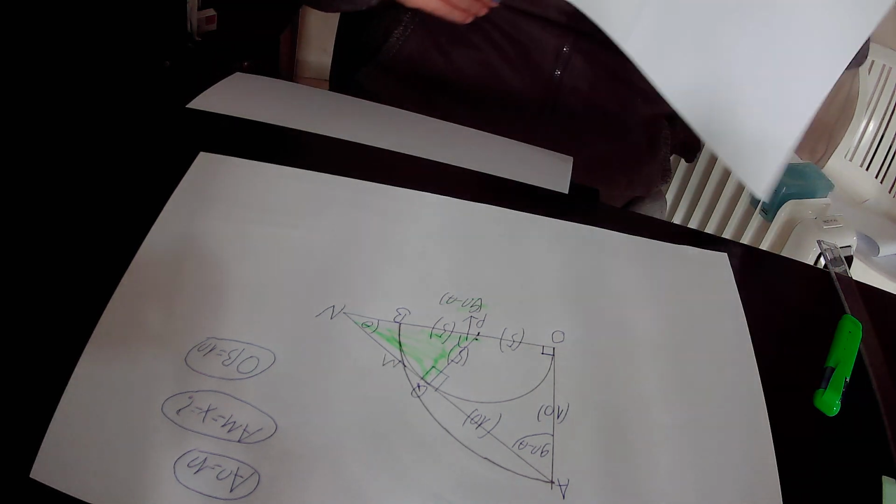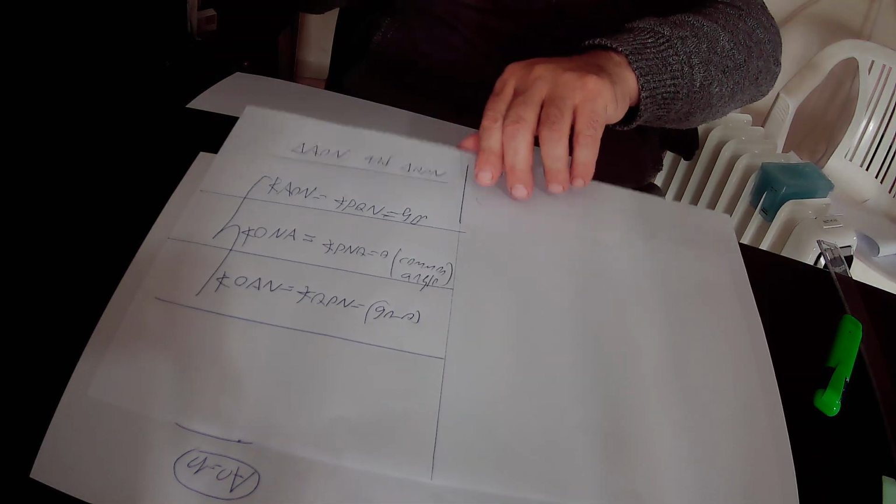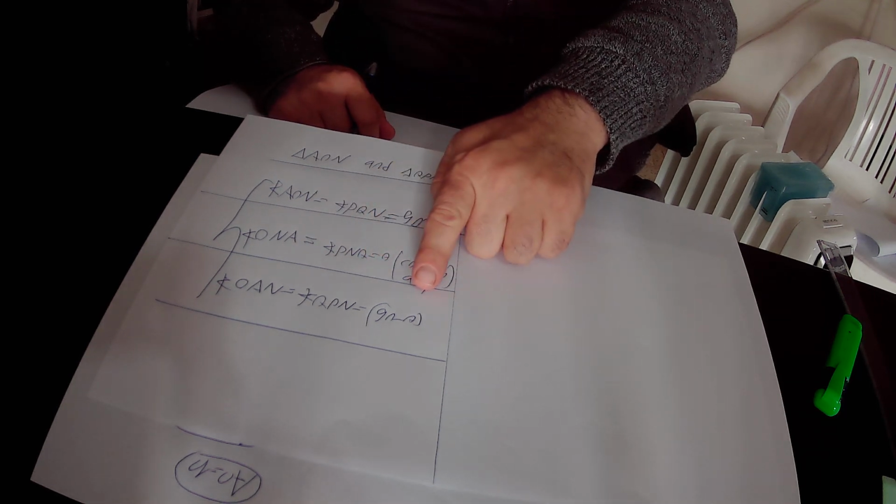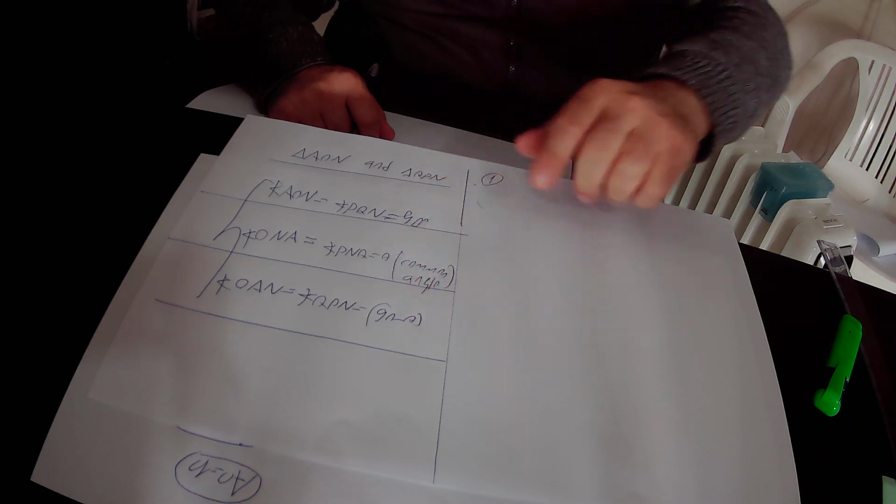Angle OAN equals angle QPN. They are both equal to 90 degrees minus theta, therefore they are equal to each other.